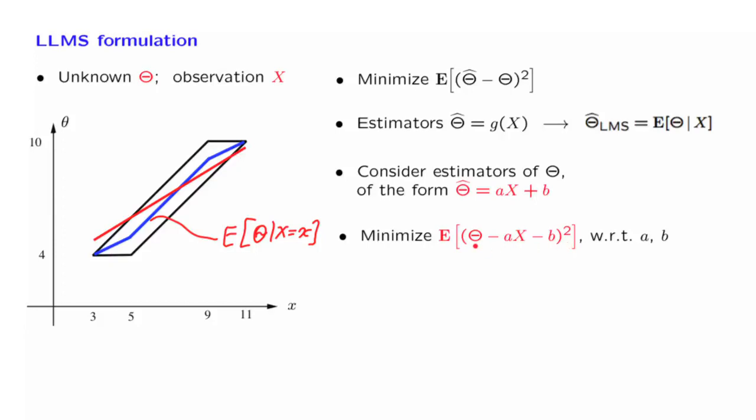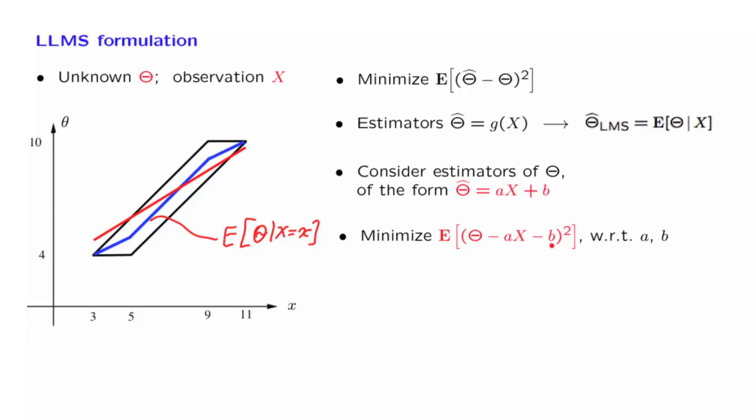So what we have here is the random variable. Here is the value that's going to be given to us by our estimator, and we look at the associated error, square it, and take the expectation. So this is the linear least mean squares formulation. We're looking for an estimator which is a linear function of the data, and we want to choose the best possible linear function.